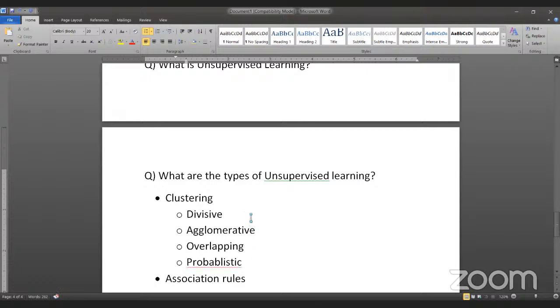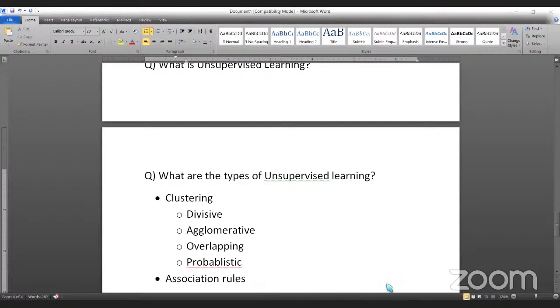In divisive, what happens? In the divisive method, the data are grouped in such a way that one data belongs to a single cluster only. In agglomerative, we start with every data as a cluster.